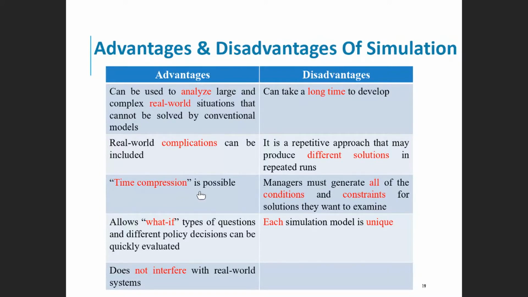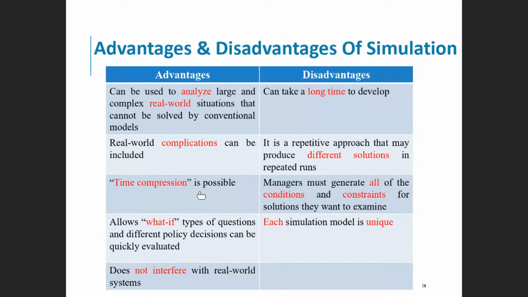Time compression is possible. What does it mean? يعني ما بنضغط التايم. The idea is that you can run a simulation over years in seconds. So you can get the results of how this system works for 100 years or 100 hours, or let's say thousands of times, or of products being produced, or airline schedules being done.